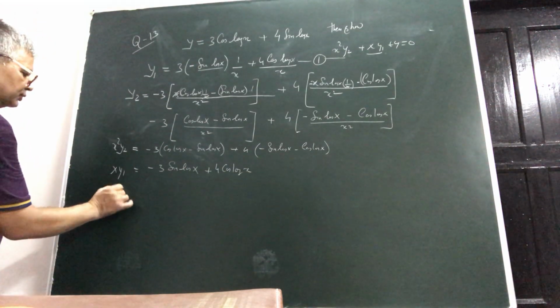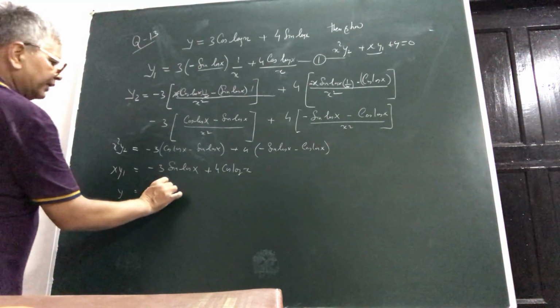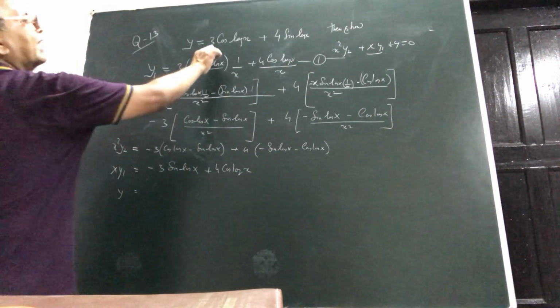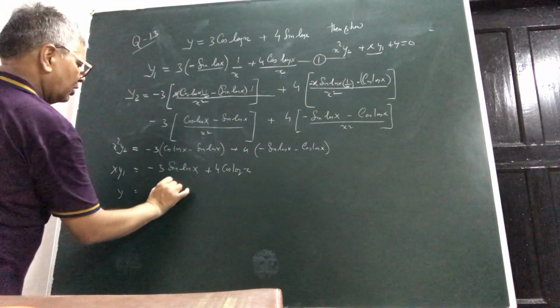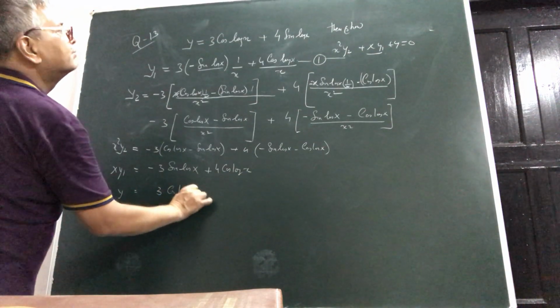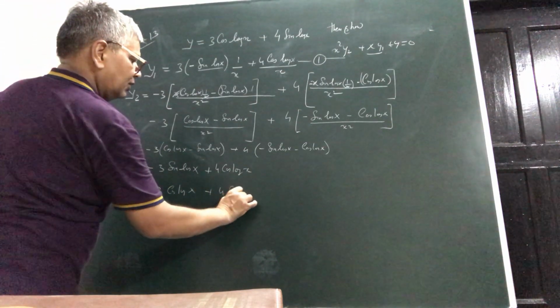Let y be equal to y only, and in place of y I can put this much of a thing. So y is equal to 3 cos log x plus 4 sin log x.